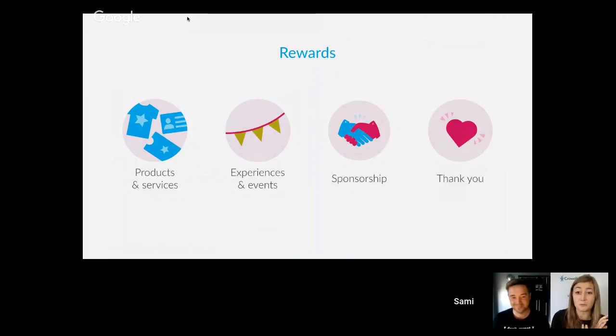We've seen all sorts of rewards on Crowdfunder, so it really doesn't stop here. But mostly we see products and services, experiences and events, sponsorship, and thank yous. We're just going to look at some examples of each of these different kinds of rewards.